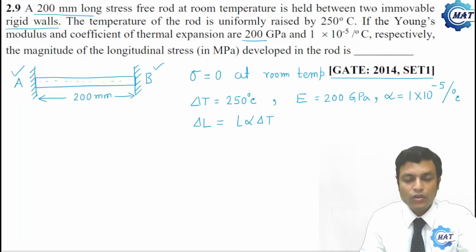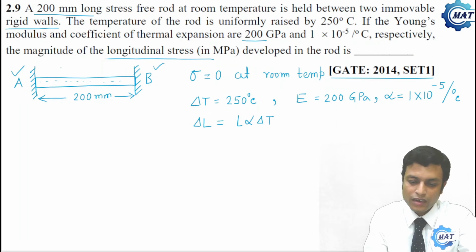These two supports will provide a compressive force to the stress-free rod, and due to that compressive force, stress will be generated, and that is the thermal stress, and that stress we have to calculate. That is the longitudinal stress, because stress is along the longitudinal direction, along this direction. This is the longitudinal direction.